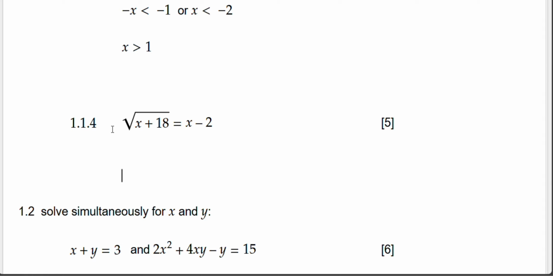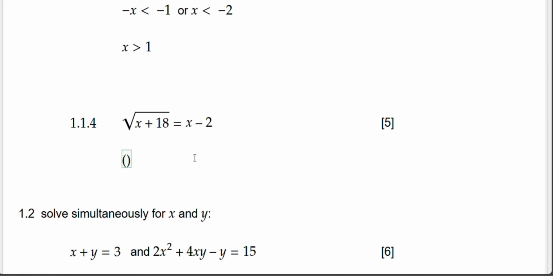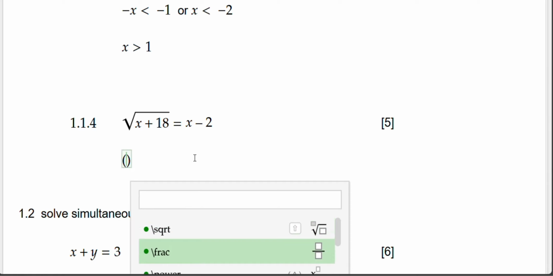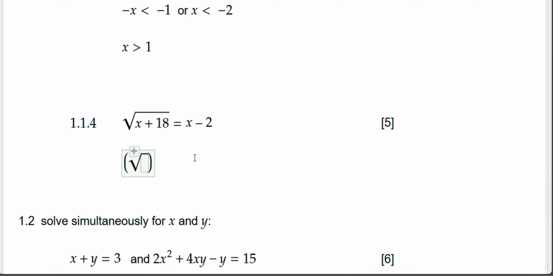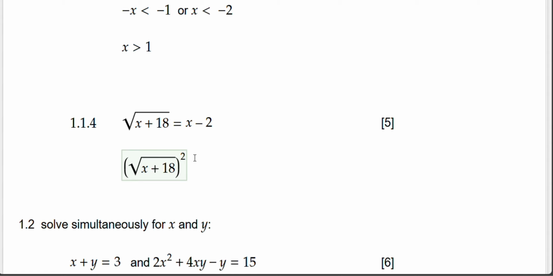But you have to know that when you square something, you have to square both sides. So we are going to say brackets, square root of x plus 18, to the power 2, is equal to x minus 2, to the power 2.